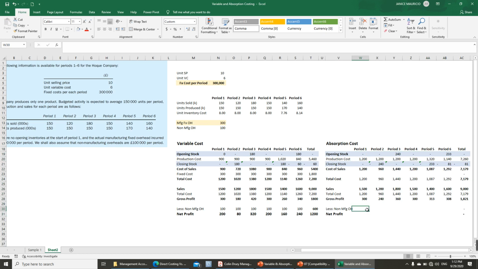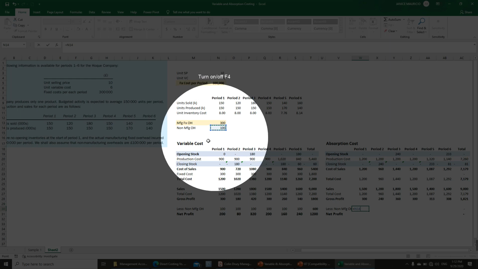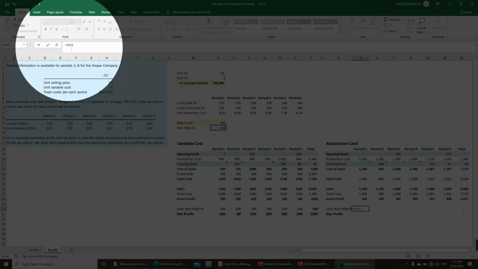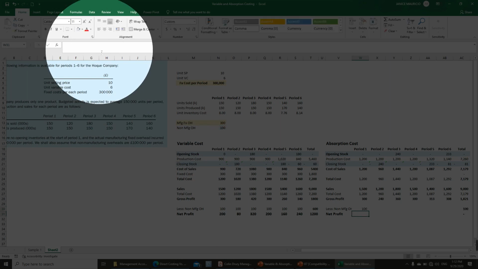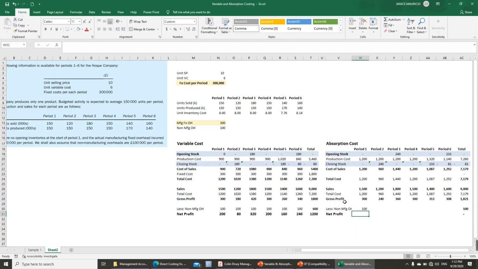And then the non-manufacturing overhead, the similarity between variable cost and absorption cost is that the fixed manufacturing overhead is treated the same way. So regardless kung variable cost or absorption costing, pareho lang yung treatment sa kanya, okay? So at least meron silang common denominator.